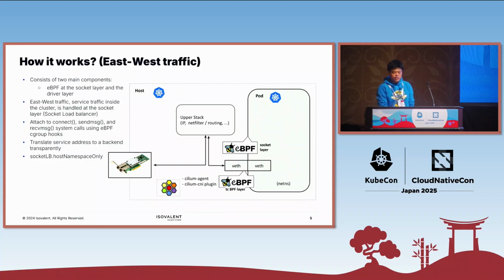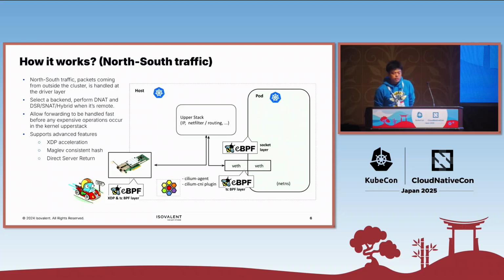It translates the service address to a backend transparently, so the application thinks it's directly connected to the backend. This avoids per-packet connection tracking and NAT. Cilium provides an option to disable the socket load balancer within the pod namespace, falling back to the per-packet load balancer at the TC BPF layer on the base device. You can see the slide here.